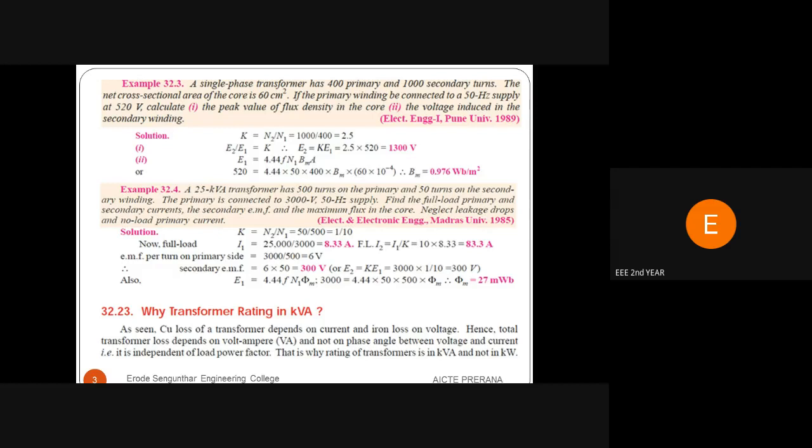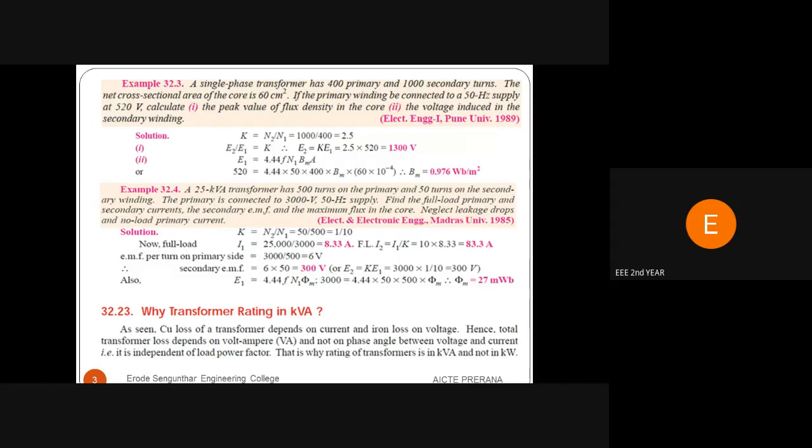So transformation ratio K equal to N2 by N1. We substitute N2 equal to 1000, N1 equal to 400, then we get 2.5. That is the transformation ratio K equal to 2.5.